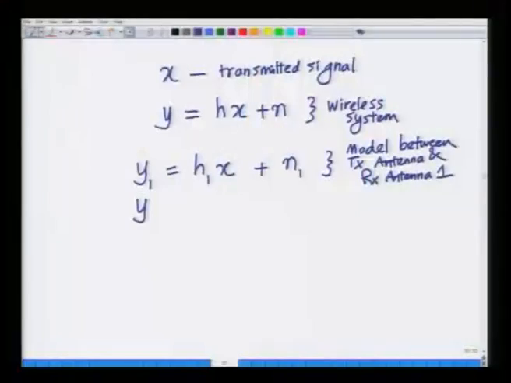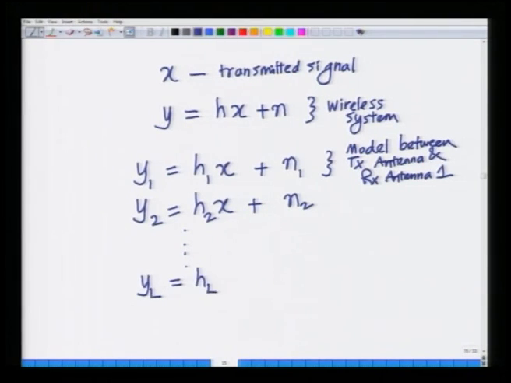Similarly, y2, the signal at receive antenna 2, is h2, which is the fading coefficient between the transmit antenna and receive antenna 2, times x plus n2, and so on and so forth. yL equals hL, which is the fading coefficient for the Lth link, times the transmitted signal plus nL. Now, look at this: the signals received are y1 to yL, but the signal transmitted is x.